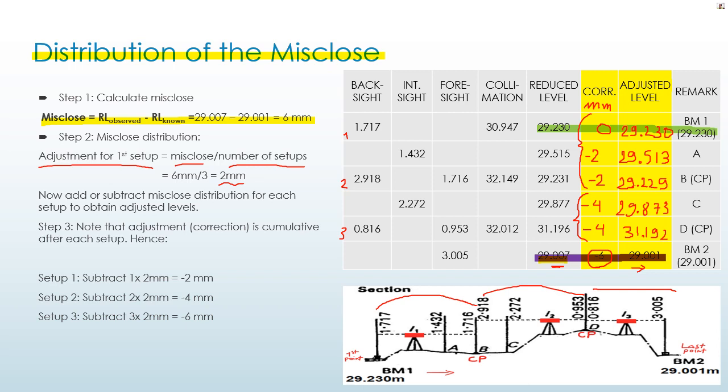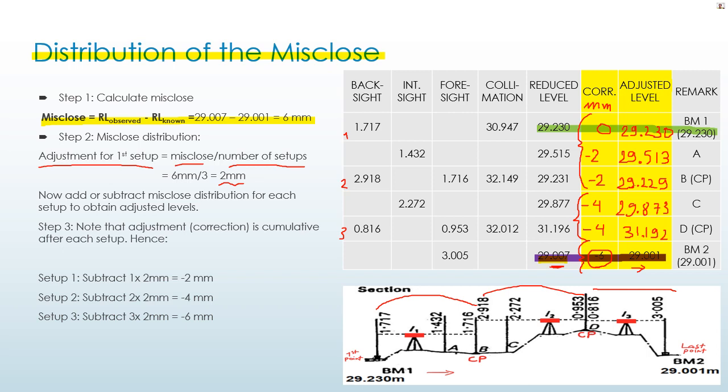The last point over here is setup number 3. If you check again, from setup number 2 minus 4, and if you add another 2 mil from the first setup over here, you will have minus 6. So that is exactly the misclose value, and you can bring benchmark number 2 here to the known value.